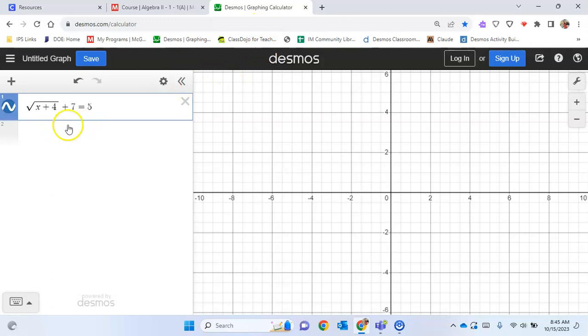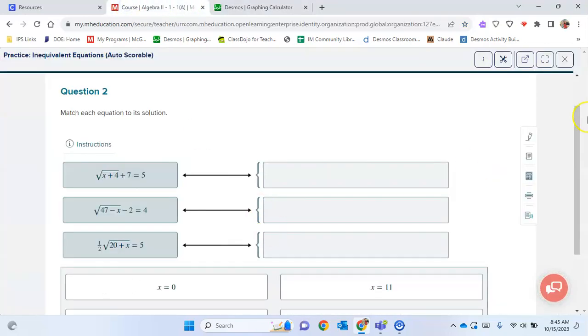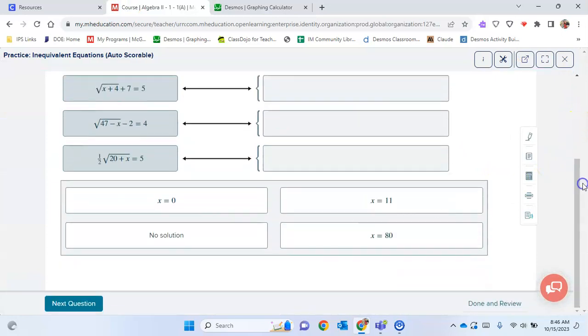To solve this, you have to subtract 7 from both sides, and you get the square root of x plus 4 equals -2. And square roots can never be negative. So there's no solution.